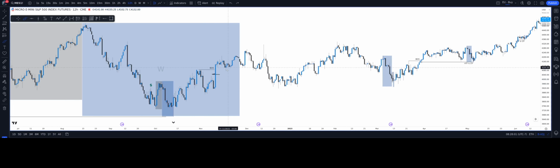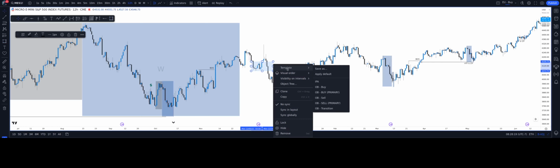Okay, so every time price comes back, right, and basically breaks a breaker, we'll talk about that, it gives us an opportunity to look for longs. So what's a breaker? Here's a breaker, for instance.